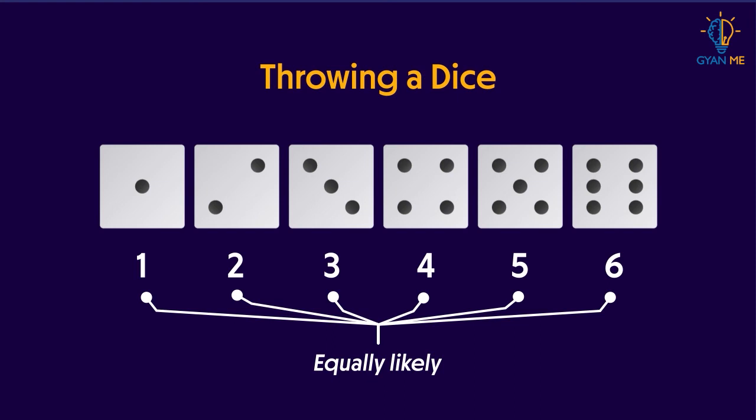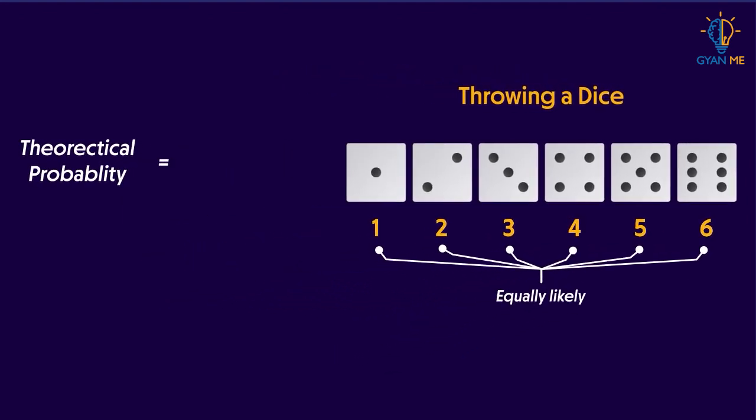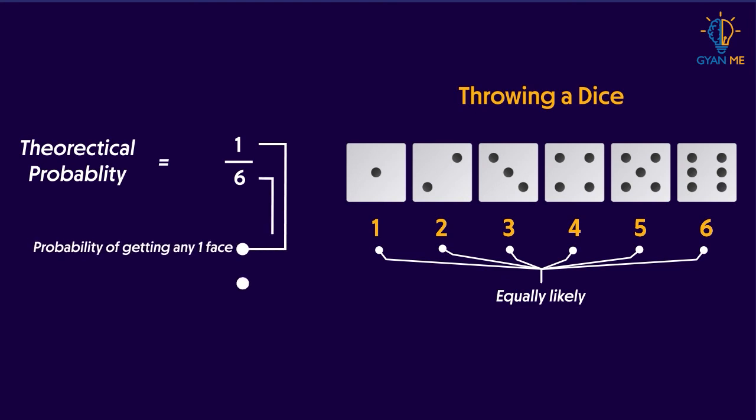Or we can say that equally likely outcomes of throwing a dice are 1, 2, 3, 4, 5, and 6. And the theoretical probability of each event in the experiment, that is getting a single number, is 1 upon 6. Here 1 is the probability of getting one face and 6 is the total probabilities since we have 6 faces.